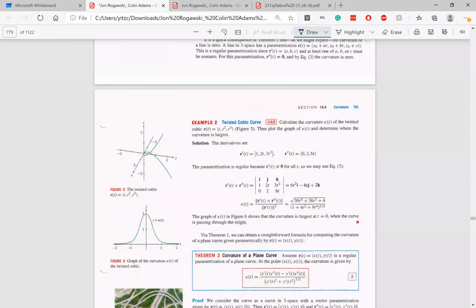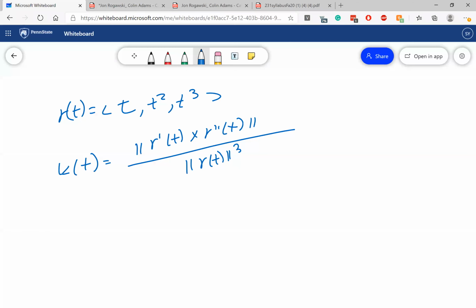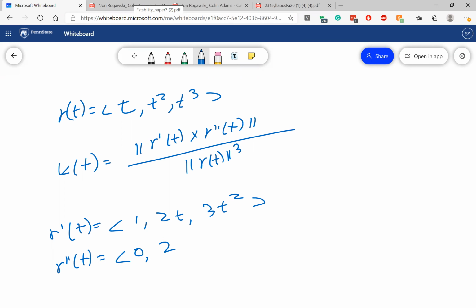So what is r prime of t? That's going to be equal to 1, 2t, 3t squared. What is r double prime of t? That's going to be equal to 0, 2, and 6t.